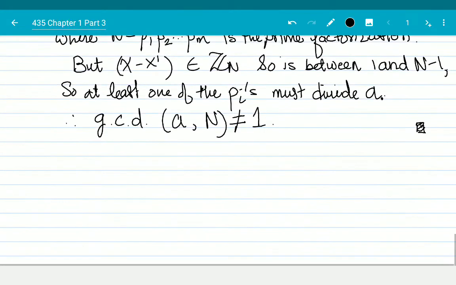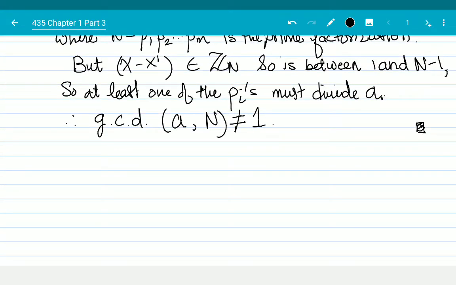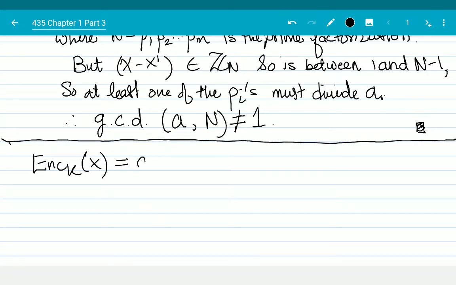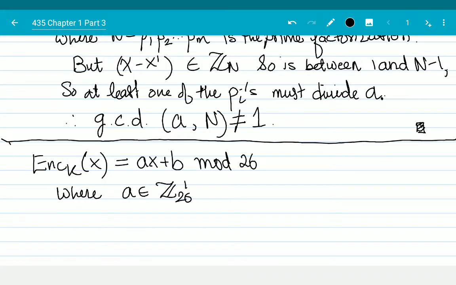Okay, so now how do we use this? The encryption algorithm now for me is encryption of x is equal to ax plus b mod 26, where a belongs to Z26 star.